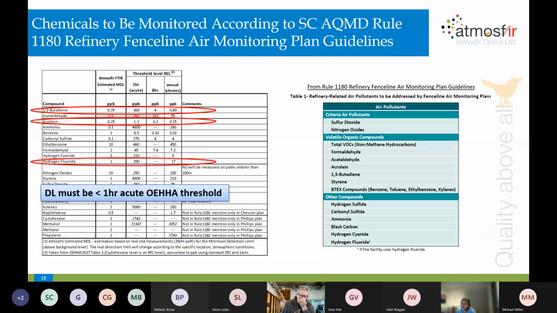And what you can see here is that at least using the Atmosfir fenceline system, you can use just one instrument and you can go below the threshold for almost all the compounds, except two that we measure with a different technique. We discussed it: the H2S and the black carbon.